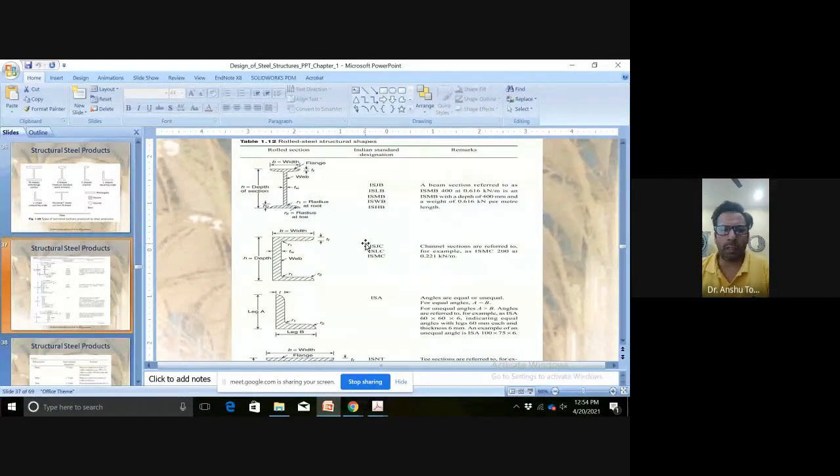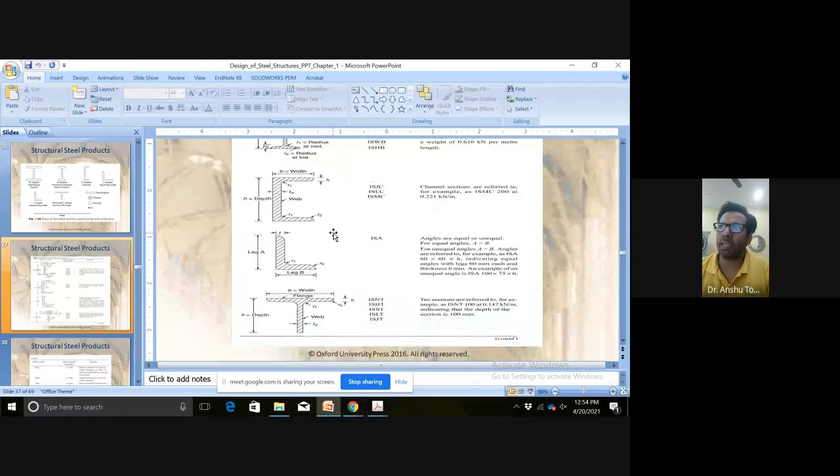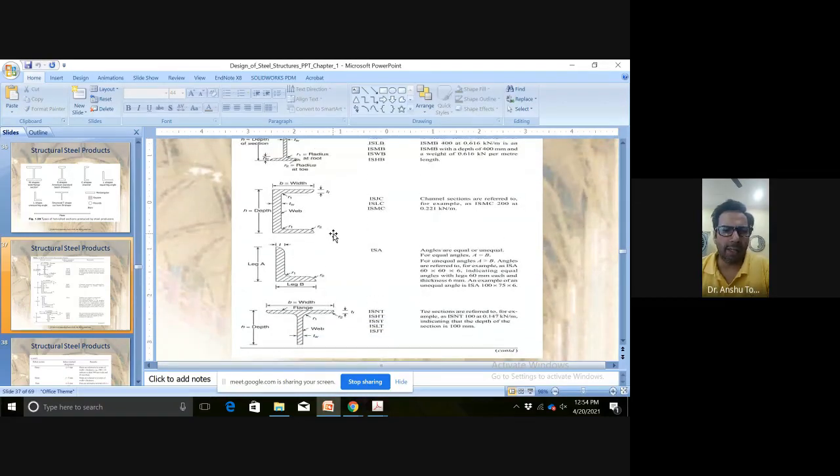If you go through the rolled steel section, that is the steel book, there you will find these types of commercial members available when we design any steel structure.